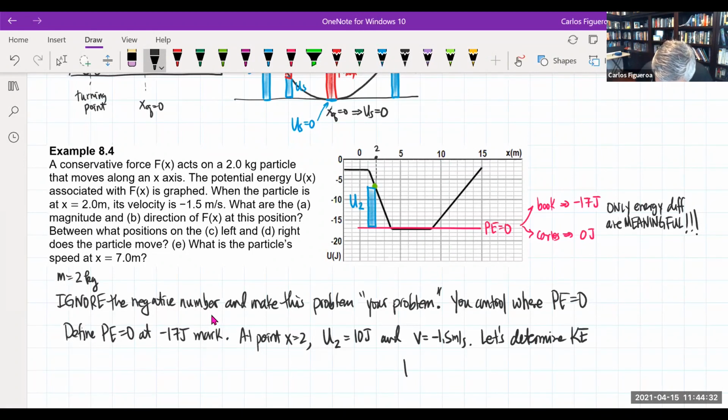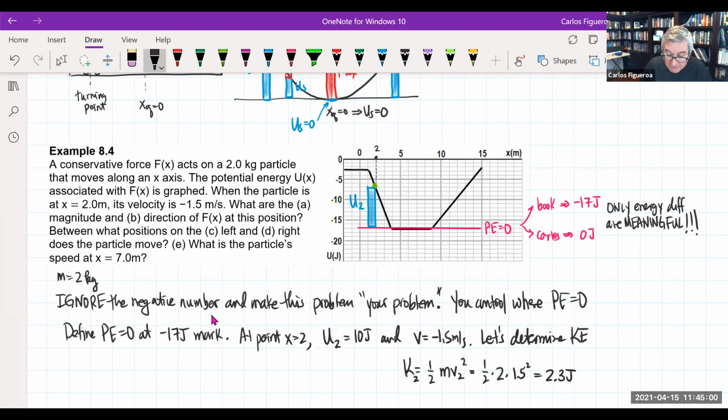It should be 1/2 m v squared at 2, which is 1/2 times 2 times 1.5 squared. Remember, squaring makes it a positive number. So you get 2.3 joules.